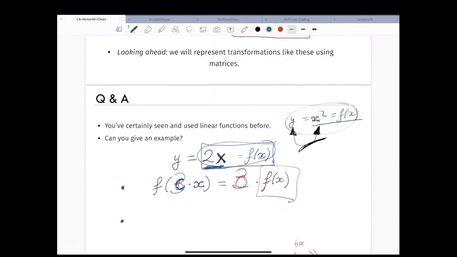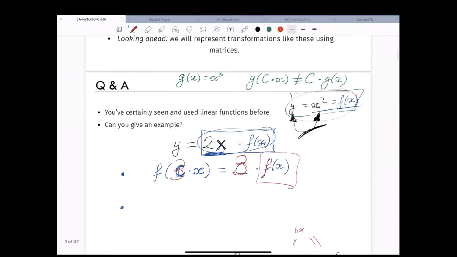Let's make this green. For the green function, let's call it g. g of x being, what is it, x cubed. It's not linear because g of constant times x is not equal to constant times g of x. That is not the case. And people, give me an example. So take c again.